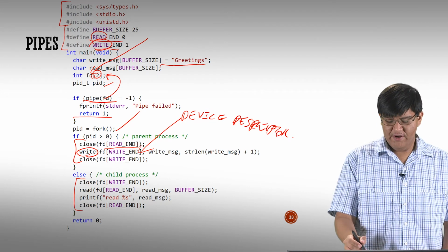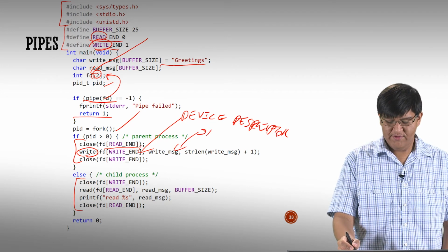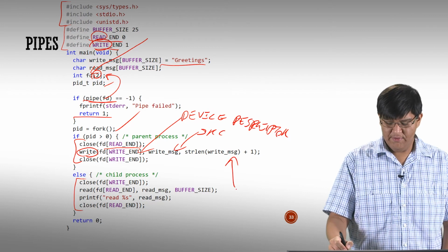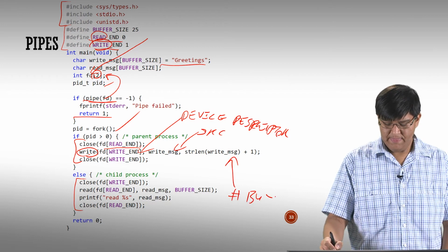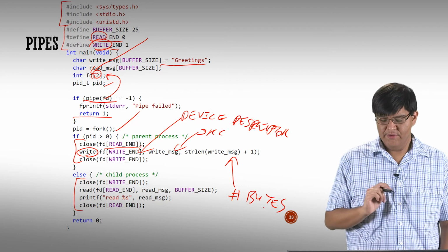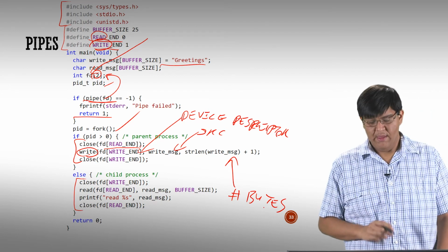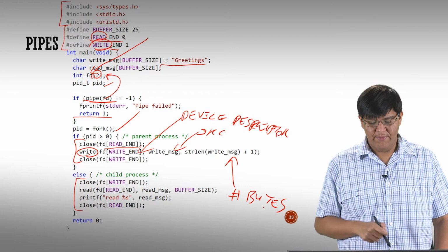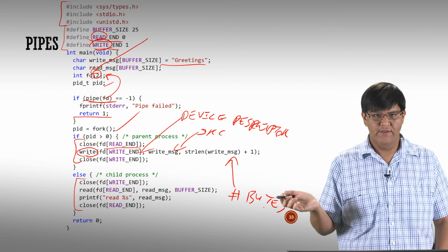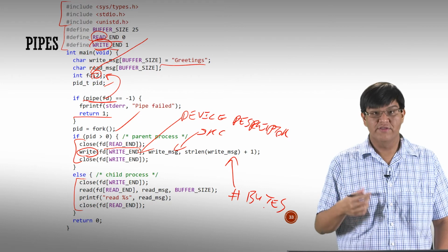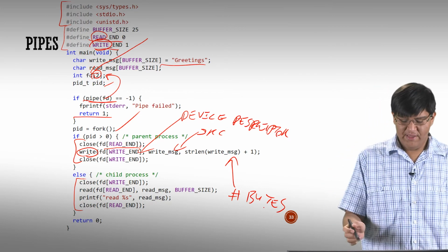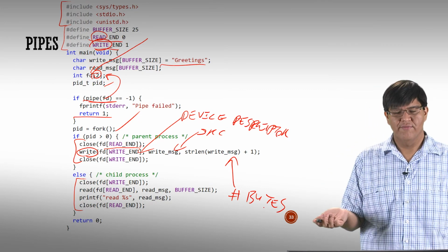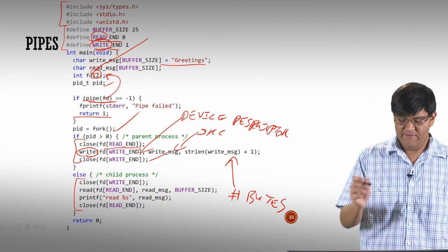And then what we have here is a source of data, so this is where stuff comes in, and this is the number of bytes. So those are our three arguments. What we're saying is take all the contents of that string, throw it at the pipe in the direction of the write end. So hopefully it pops out on the client's end, or the child's end. Last line here is close, because once we're done with the write end, we're good to go, so we can close it off.